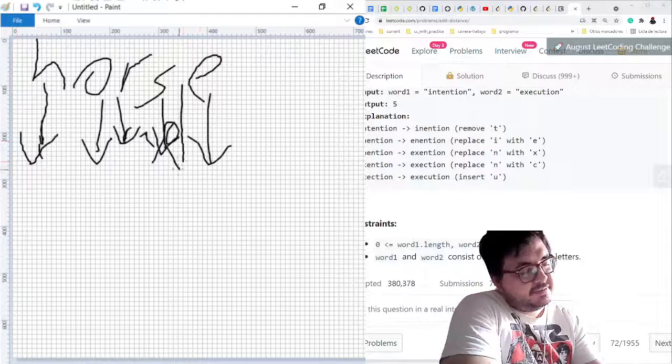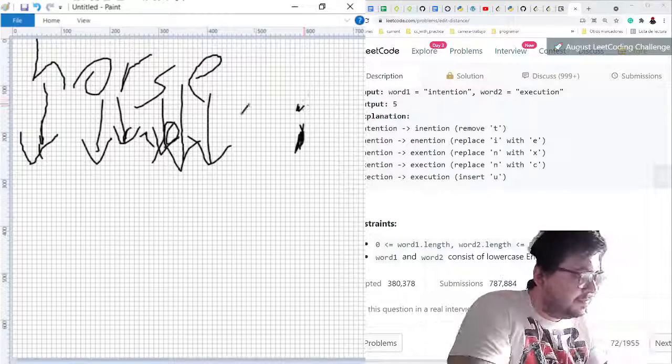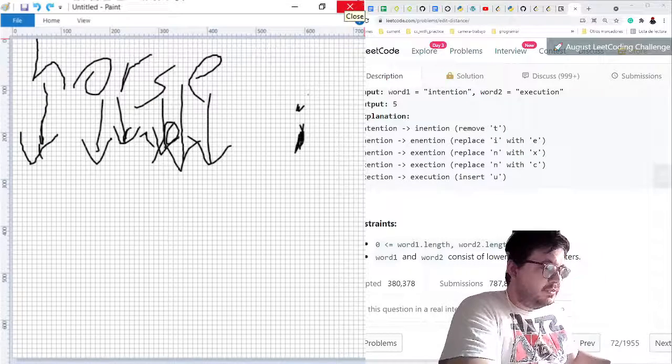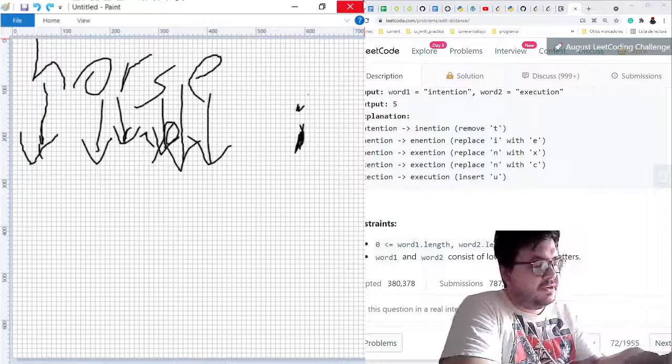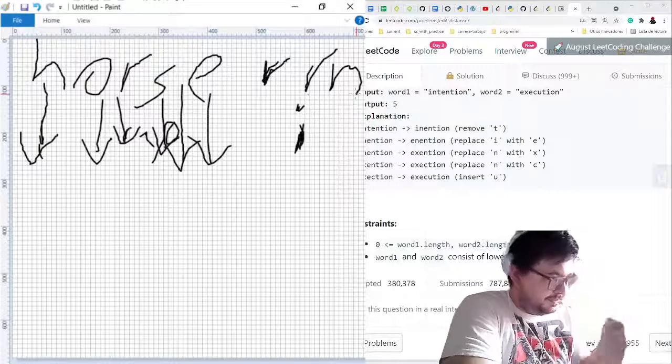So here I can insert. I can replace, remove, or insert.